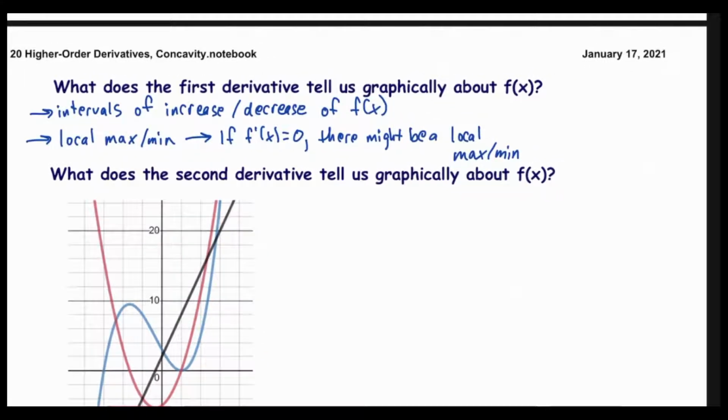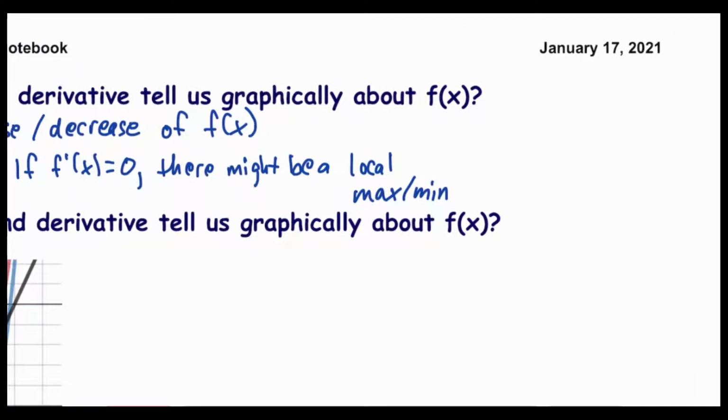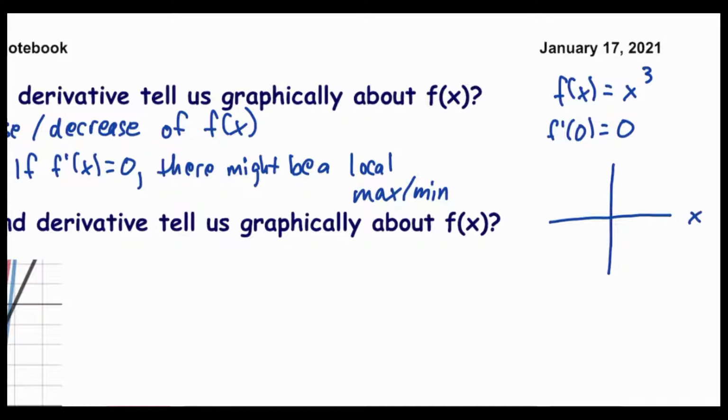Let's take a look at a quick example here. Why might that not always be the case? So if I have f of x equals x cubed, f prime of 0 equals 0. But what does the graph look like here? X, y.